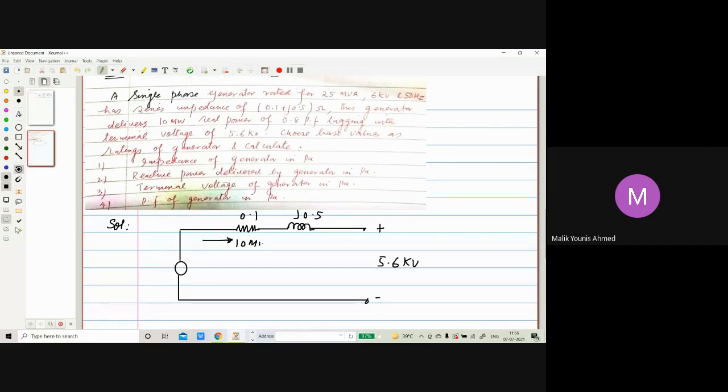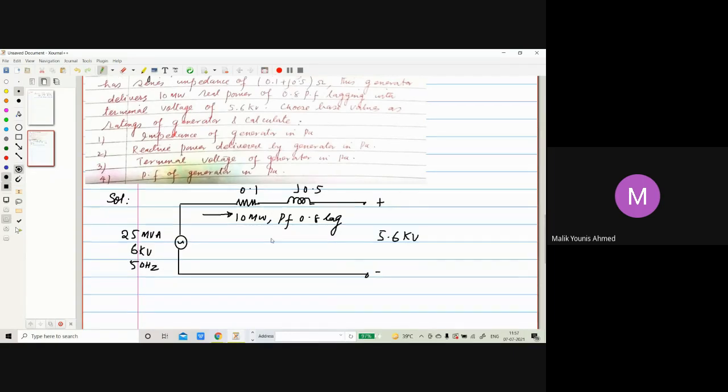Real power 10 megawatts at power factor 0.8 lagging. What are the specifications of the generator? The generator has an apparent power S of 25 megavolt ampere, that is the complex power, a generator voltage of 6 kV, and a frequency of 50 hertz.